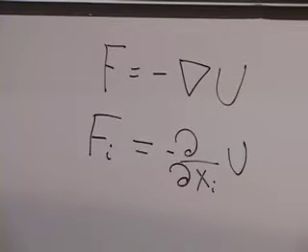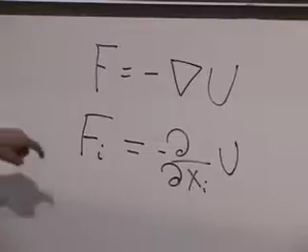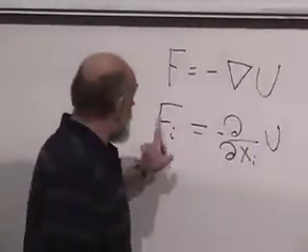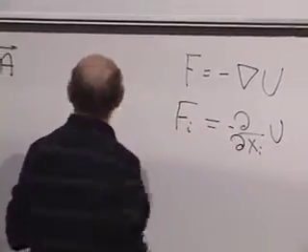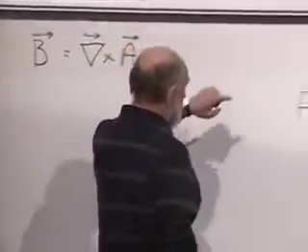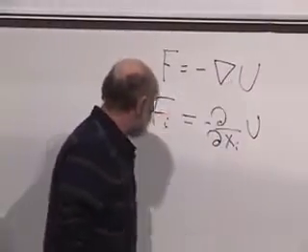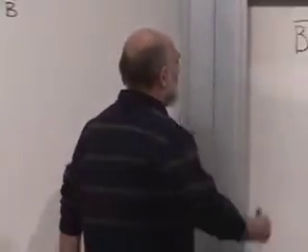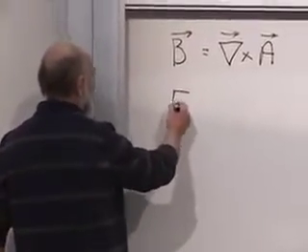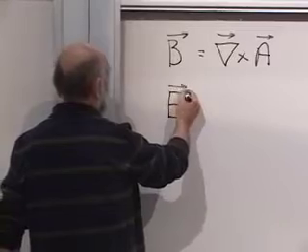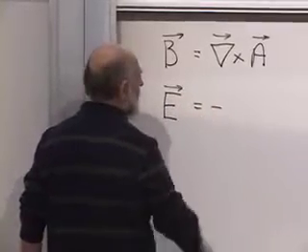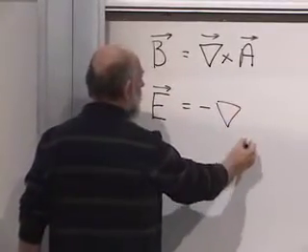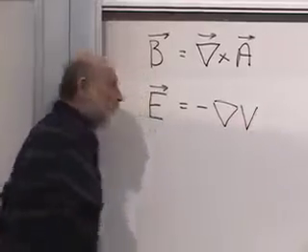Now, in electricity and magnetism, first of all, the electric force has this particular behavior. And to ensure it, what one writes is that the electric field is equal to minus the gradient of a quantity called V.